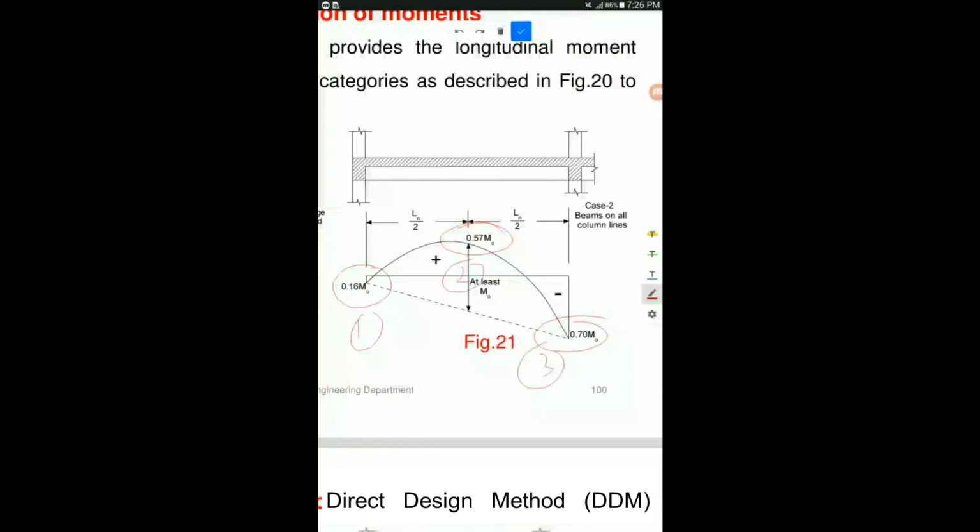For the other two, location 4 and location 5, I already told you that we have typical coefficients. For location 4 it is 0.65 of M0, and for location 5 it is 0.35 of M0. So just remember these coefficients for now.